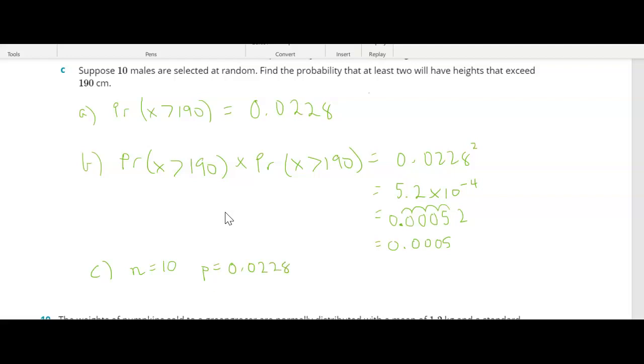And we want to find the probability that X is at least 2, so greater than or equal to 2. So our lower limit is 2. Remember, we're now using discrete values because we're looking for 2. So our lower limit is 2, and our upper limit is 10.